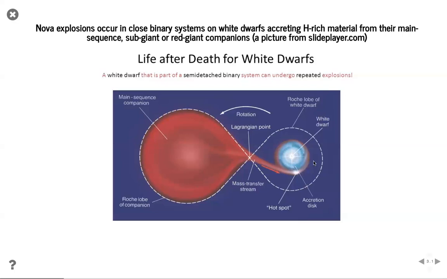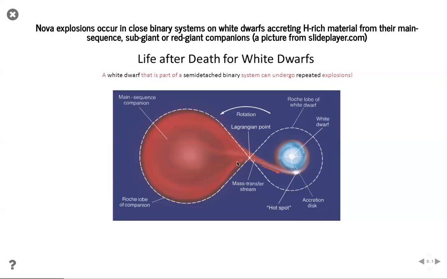Instead, it creates an accretion disk. This is a common situation in closed binary systems, formation of an accretion disk. Then some processes, not completely known as yet, inside the accretion disk result in loss of angular momentum in the disk. And as a result of the loss of angular momentum, material in the disk migrates towards the surface of the white dwarf, and finally it gets accreted by the white dwarf.